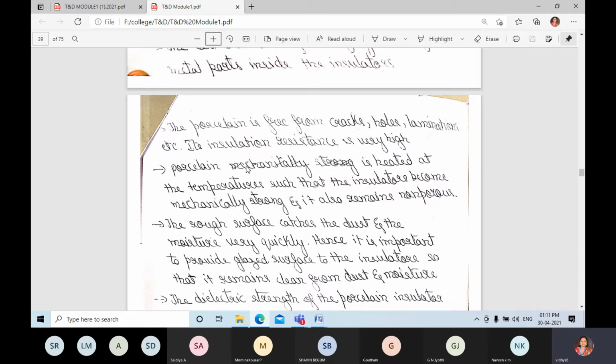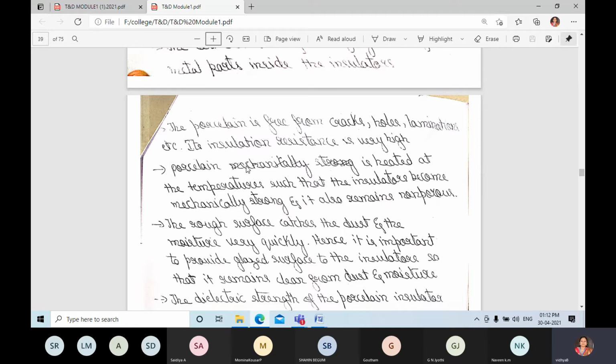A rough surface catches dust and moisture very quickly. Hence, it is important to provide a glazed surface, so that the insulator remains clean from dust and moisture.